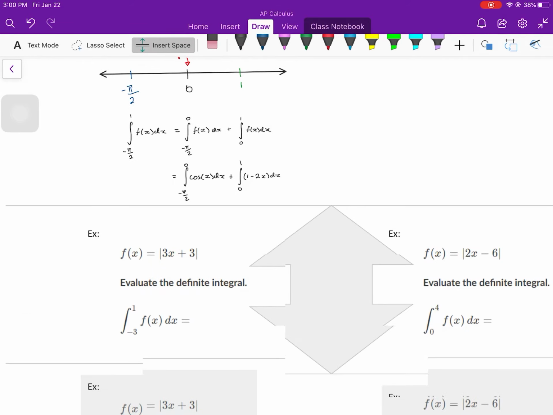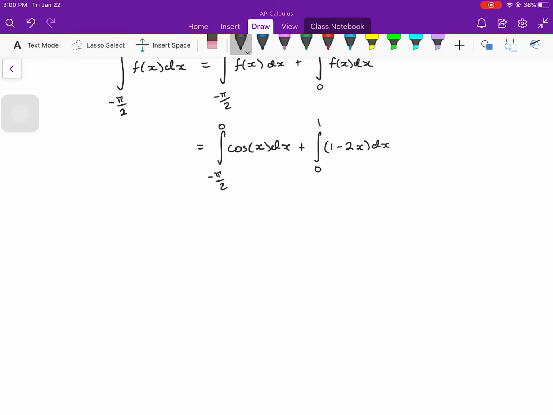Let's make some space here. These are going to take quite a bit of room. Really not difficult. They just take a lot of room. So the antiderivative of cosine is going to be sine. And then this antiderivative is going to be x minus x squared.